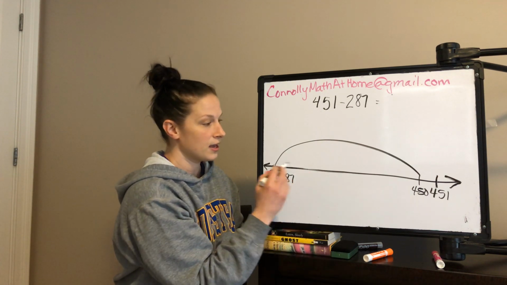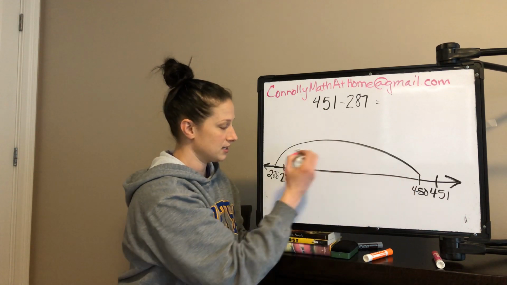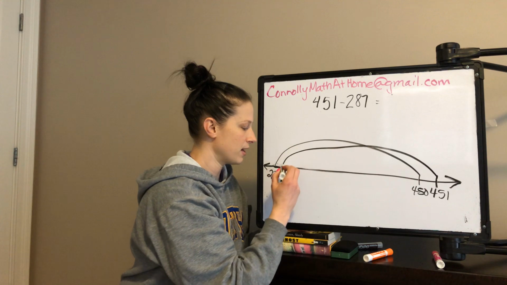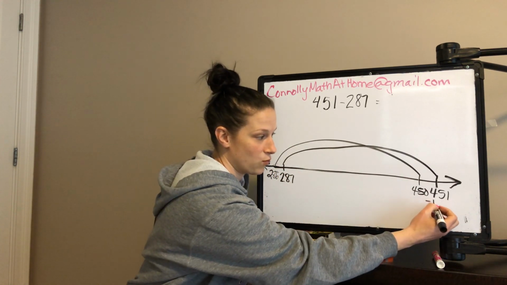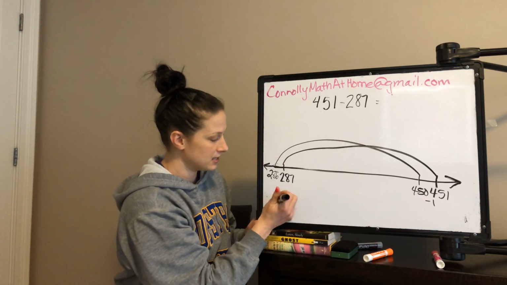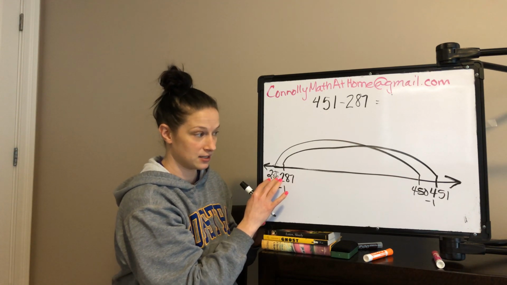If we're thinking about the difference from here to here, I want to keep them the same. All I did was subtract 1 from 451 to get 450, and then subtract 1 from 287 to get 286.